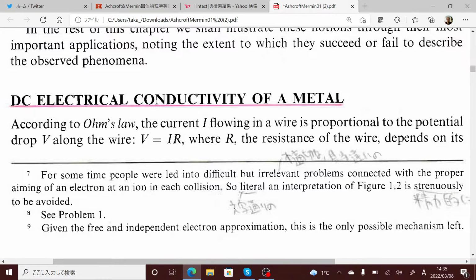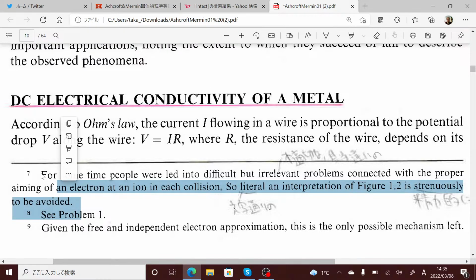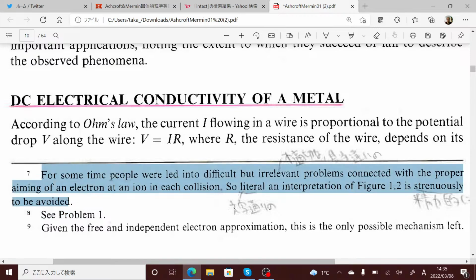So literal an interpretation of figure 1.2 is, let me see, let me try.